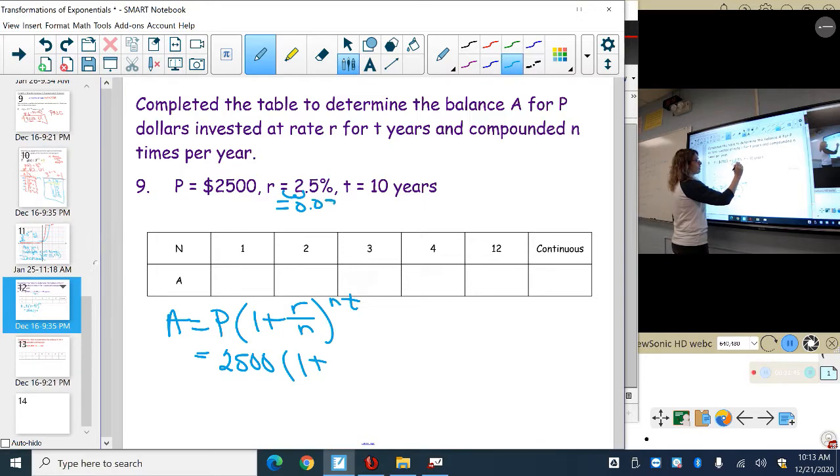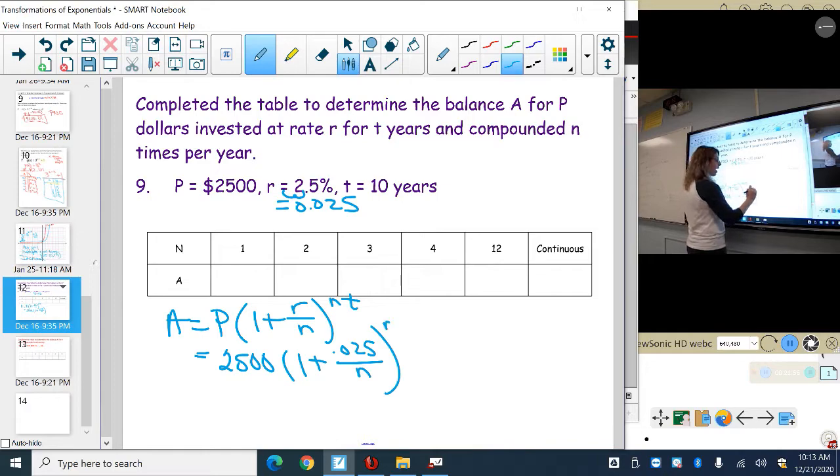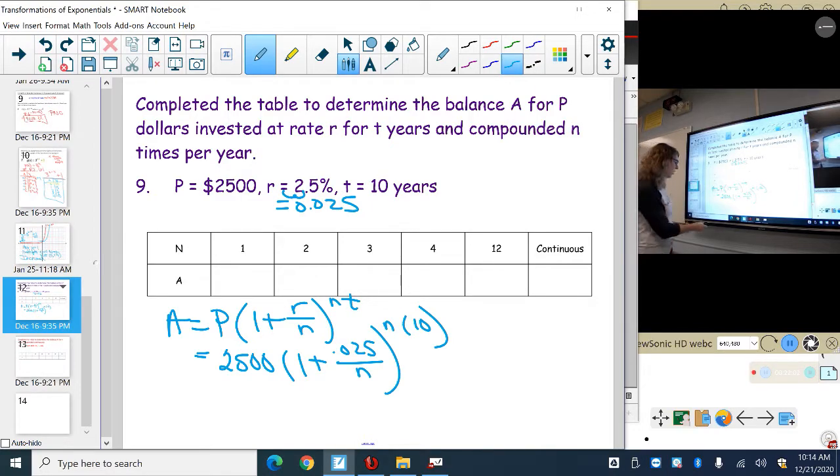So that's going to be 0.025 over N, and N changes, and the time is going to be 10 years. We are simply going to put 1 in for N, 2 in for N, 3 in for N, 4 in for N, and 12 in for N.